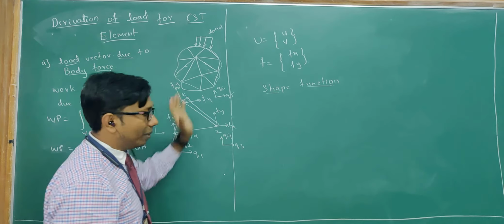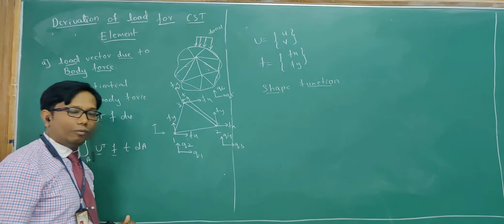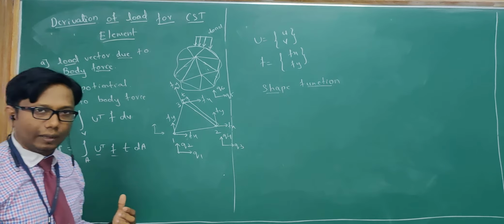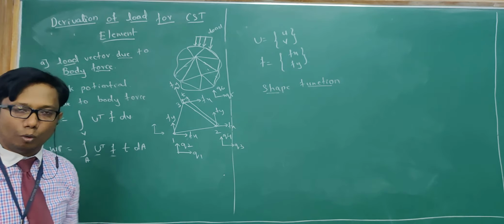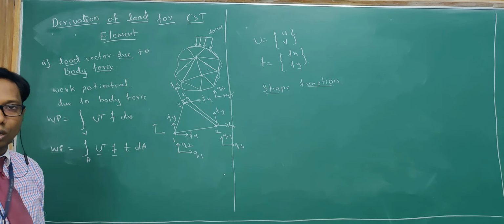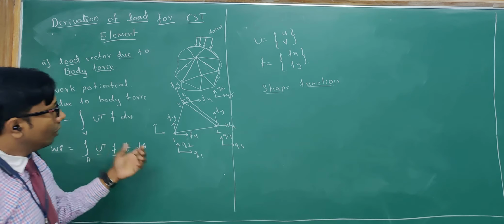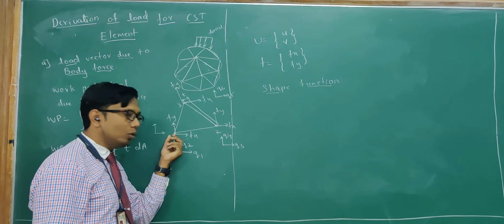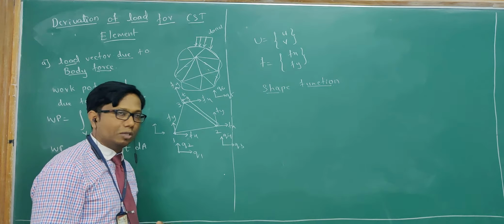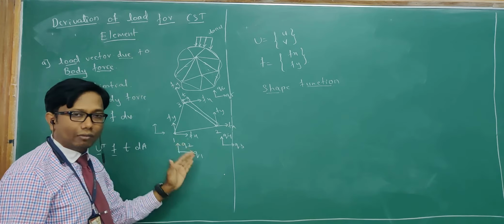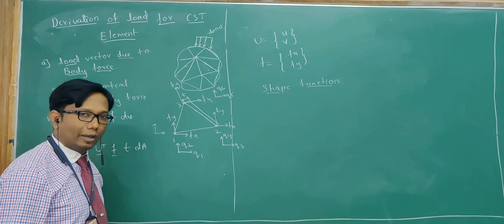In the previous 1D analysis of the bar, the element can generally have one movement, and the node can have one or two degrees of freedom. But now the element is having two types of displacement, that is u as well as v. Similarly, the nodes will also have two types of displacement along the x and y axis.